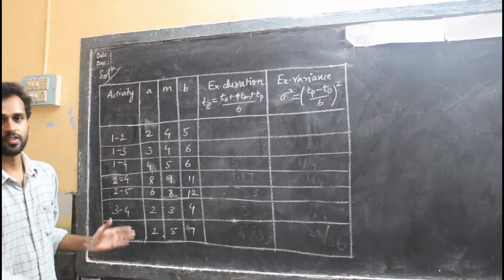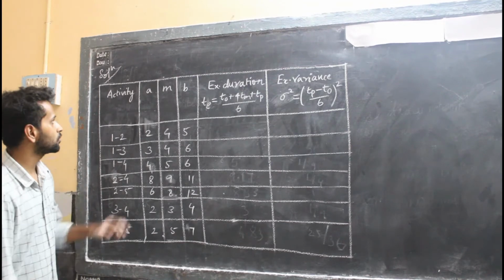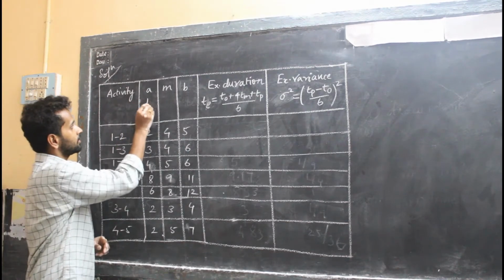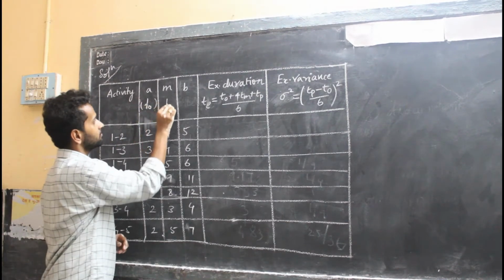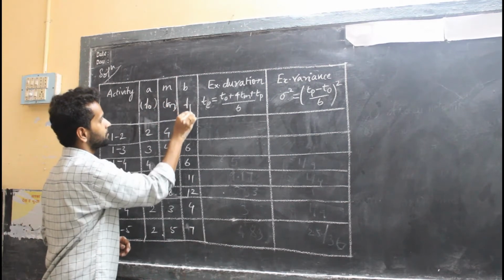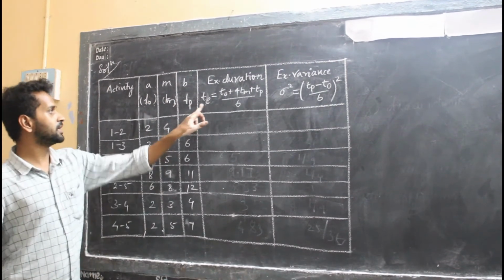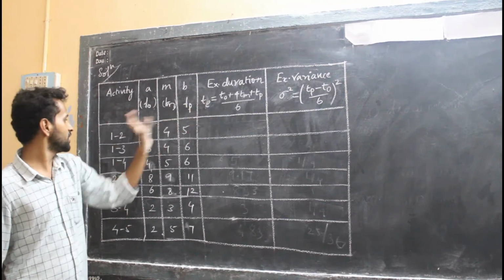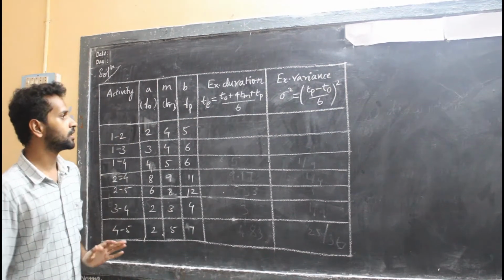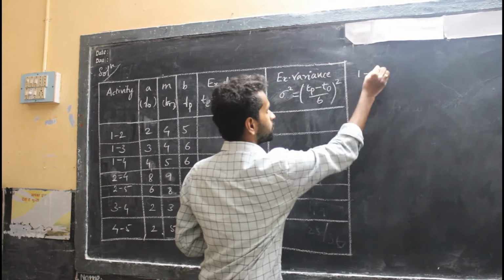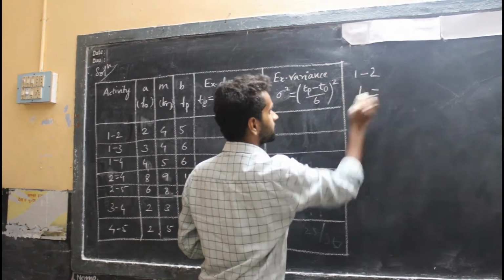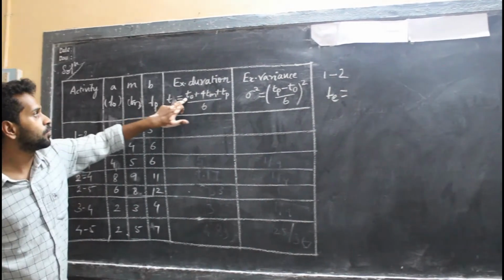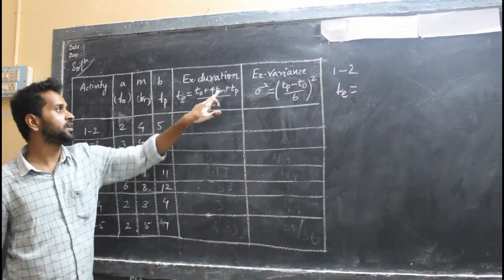So we will start proceeding with the calculation. A is TO, M is TM, B is TP, right? First I need to find TE, the expected duration for each activity, starting with 1 to 2. What is the formula for TE? TO plus 4TM plus TP divided by 6.